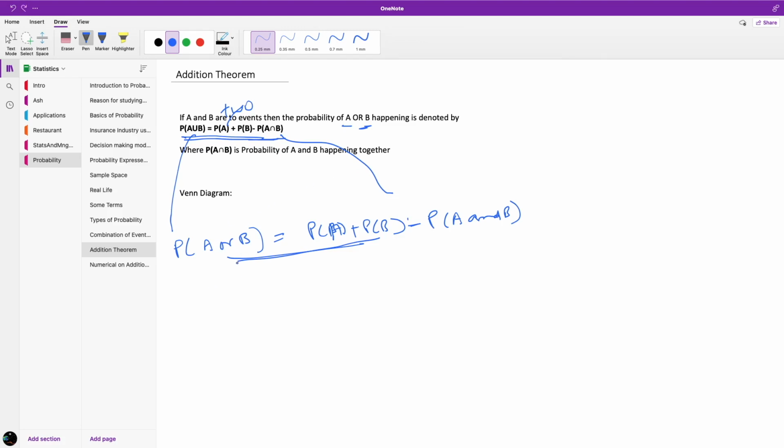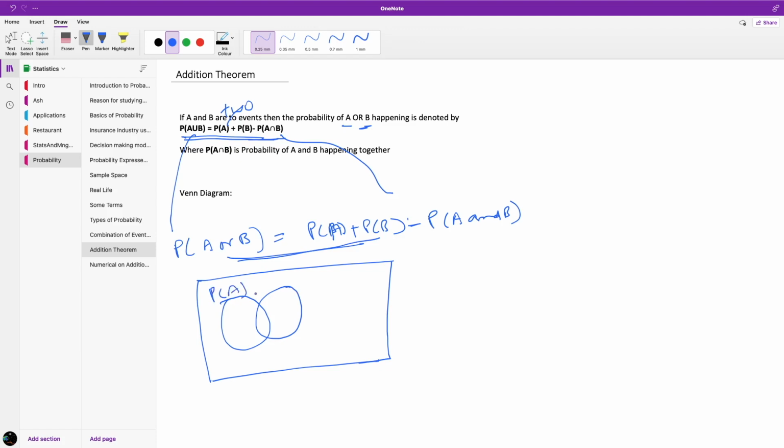The Venn diagram for this looks like this. This is the total sample space S, and this is the probability of A happening, and this is the probability of B happening, and this one here is probability of A and B happening together.